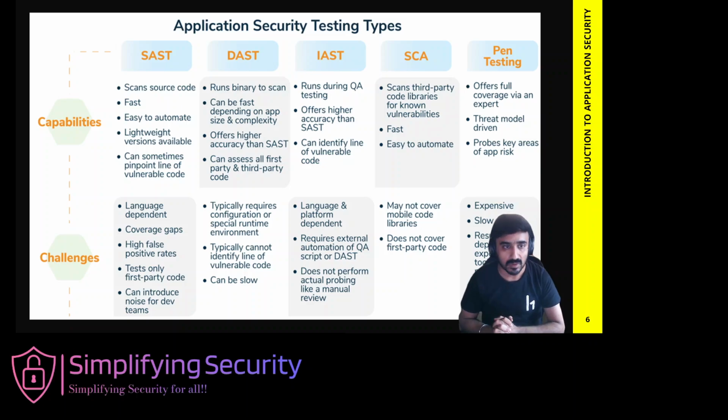SCA is software composition analysis. In this world, no company builds software that is 100% their own. Sometimes they have to inherit dependencies from other libraries which are already built, so it's a code reuse thing.